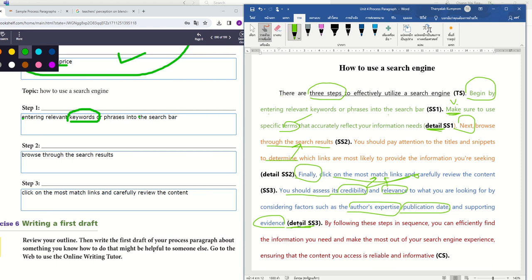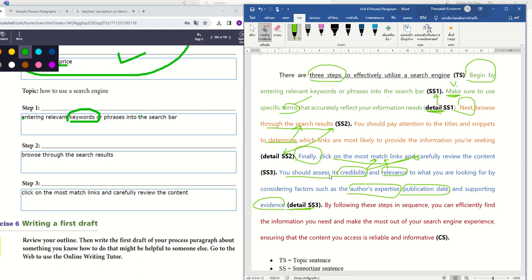So there is a relationship, a link and connection, between SS1 and detail SS1. There is a connection between detail SS2 and SS2 like this. All right?